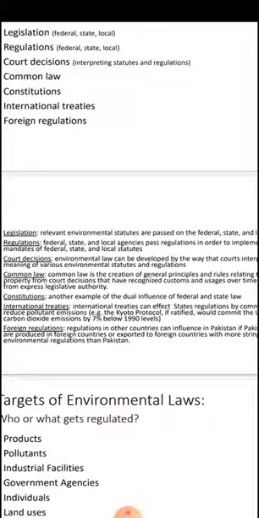For example, it is going to completely change the utilization of a land. It is going to completely decide what is the requirement of the groundwater usage in some of the areas, for example. So in that case, we are going to develop common laws which are coming through the court decisions.